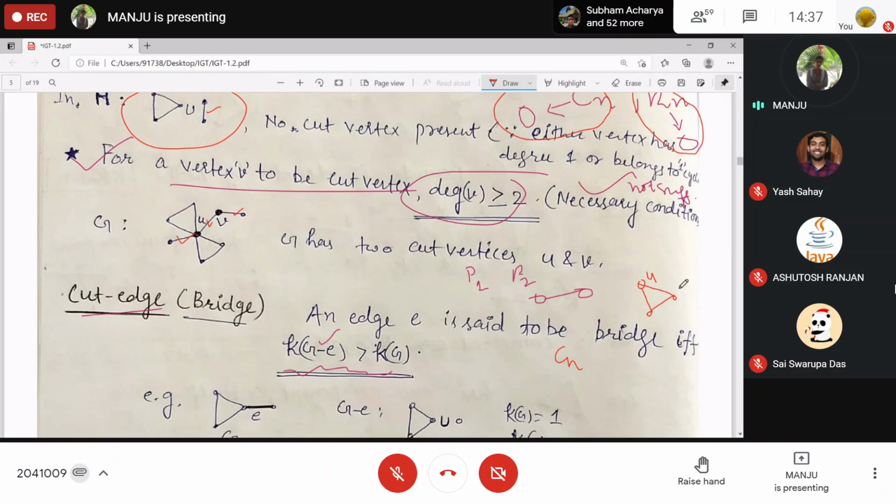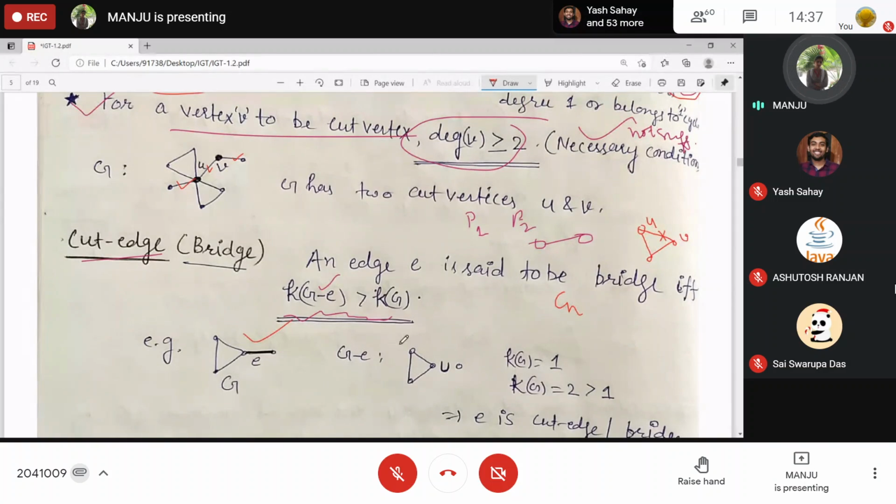No, right? If you remove the UV edge, this is present on a cycle, and you have another path U to V, right? So you can just say an edge present on a cycle will never be a bridge, and any edge which is not a bridge has to be present on a cycle. That is the converse case.